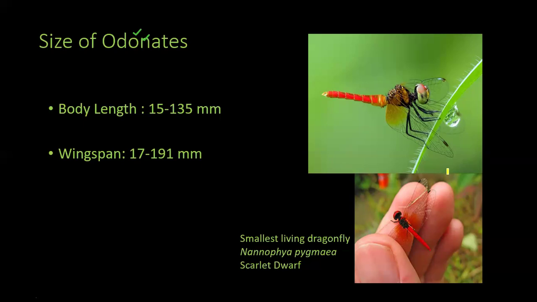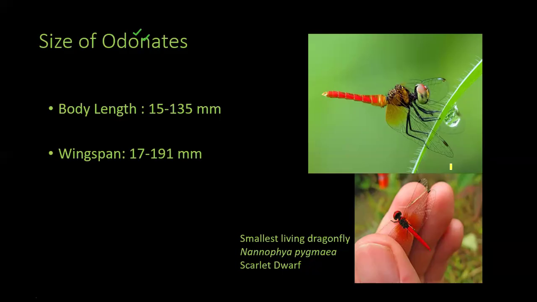But in our region, in the South Asian region at least, the largest ones are, I think, close to 11, 12 centimeters. I don't think we have anything that goes to 13. But we have a few very large species in families like Aeshnidae. In terms of wingspan, it is like from 17 to 190 millimeters.